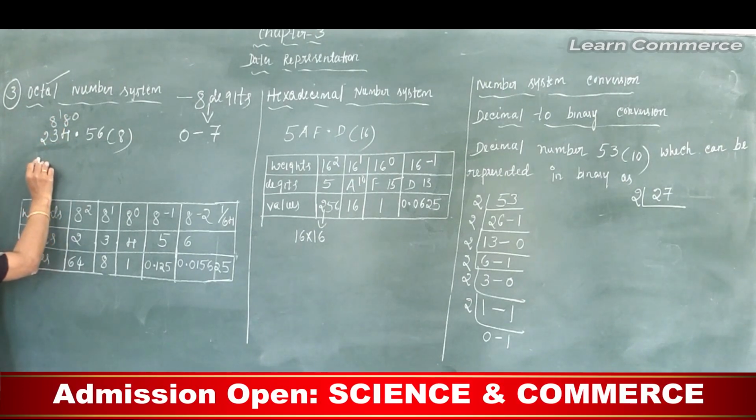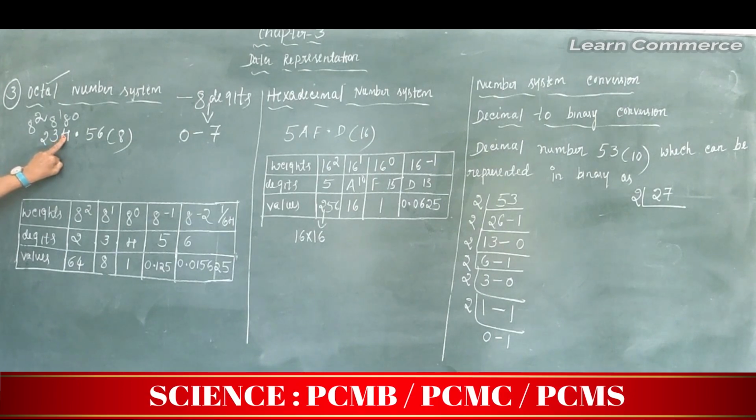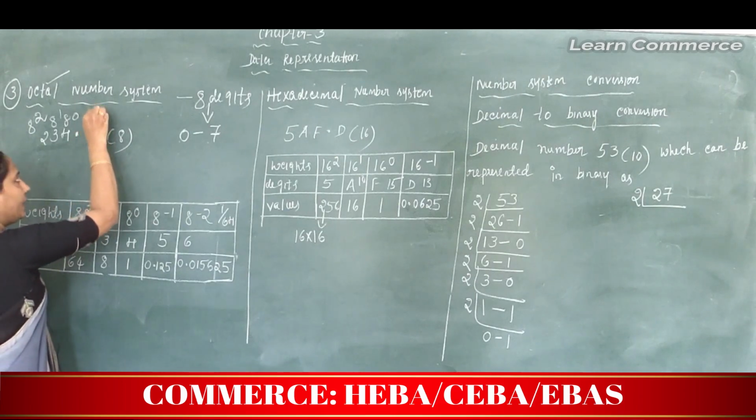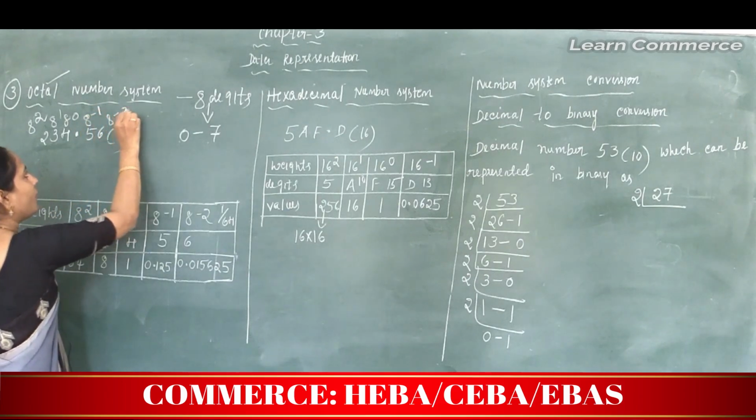So unit is 8 to the power of 0, tens is 8 to the power of 1, and hundreds is 8 to the power of 2, and after the fractional point we are using 8 to the power of minus 1 and later 8 to the power of minus 2, correct?